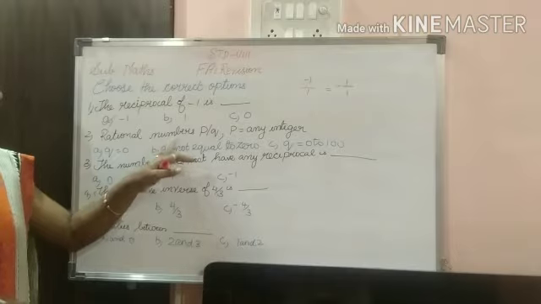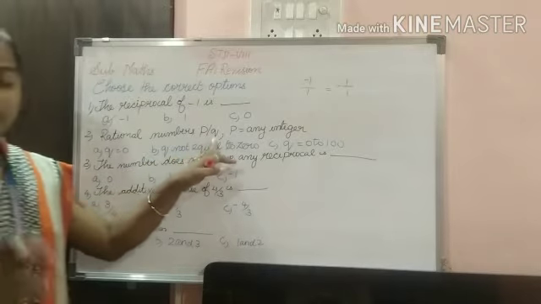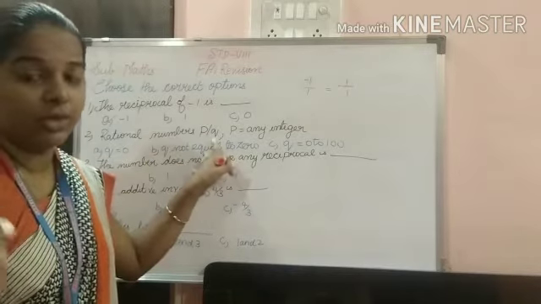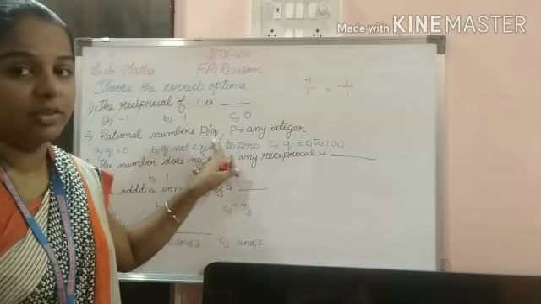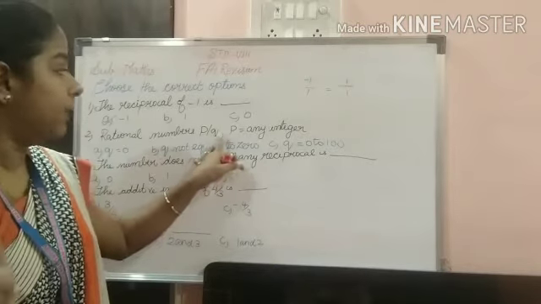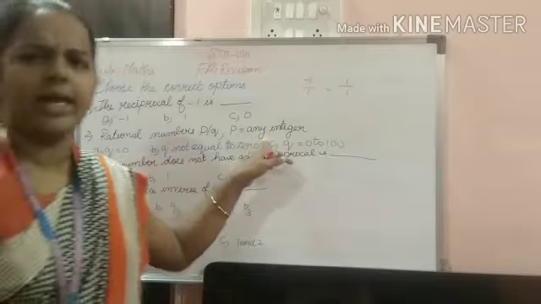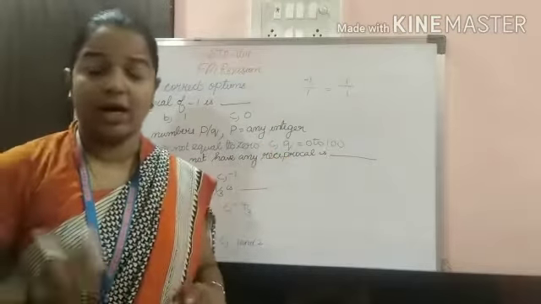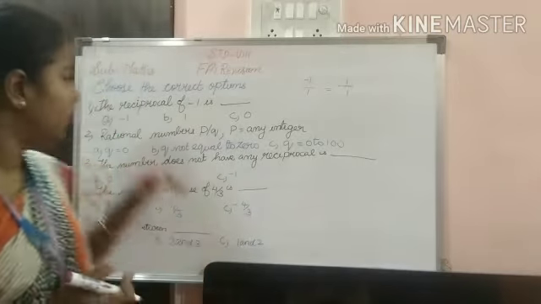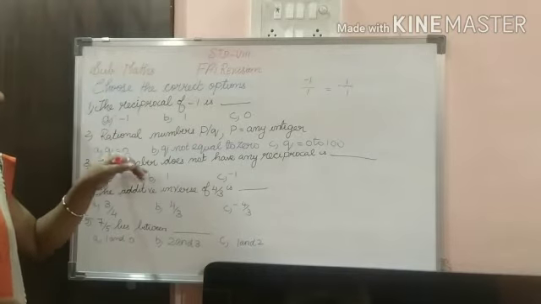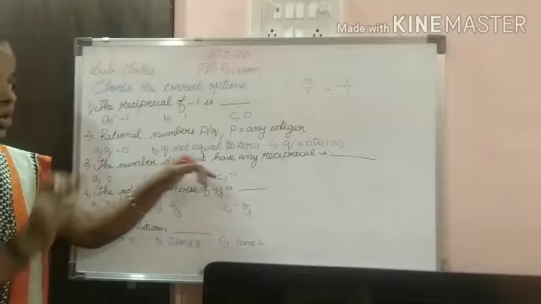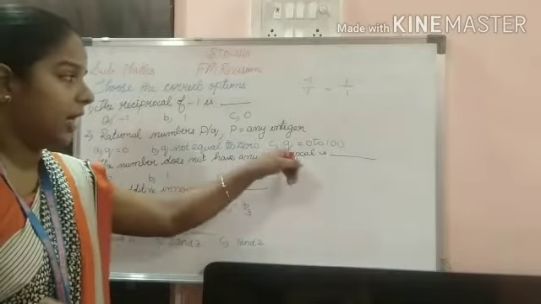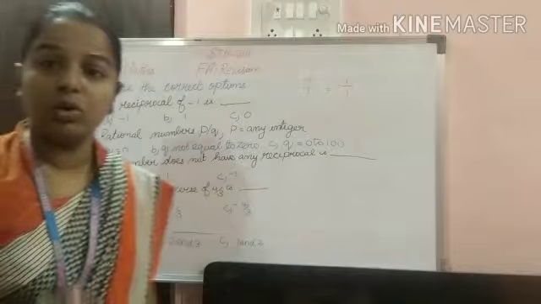The rational number P by Q. Everyone knows the format of the rational number, that is always in the form P by Q. P is equal to any integer. कोई भी integer आएगा, negative, positive, 0 भी आएगा. Understand? What about the Q? You have to see the options: Q is equal to 0, Q not equal to 0, and Q is equal to 0 to 100.